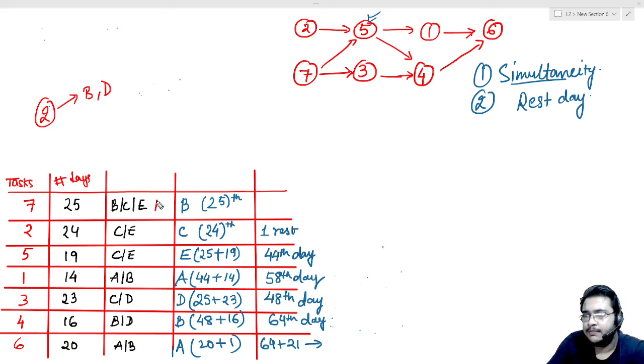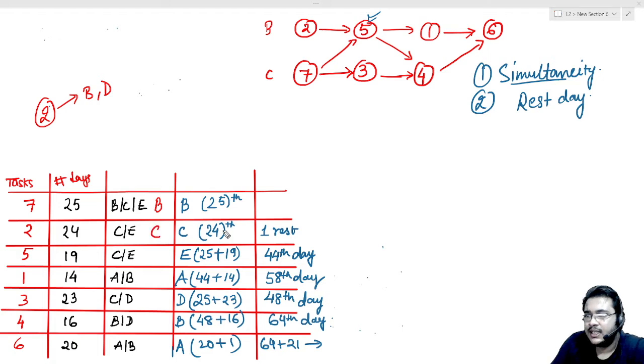I will take B. For task number 2 and task number 7, I can simultaneously give it to B and C. B takes 25 days, C takes 24 days.